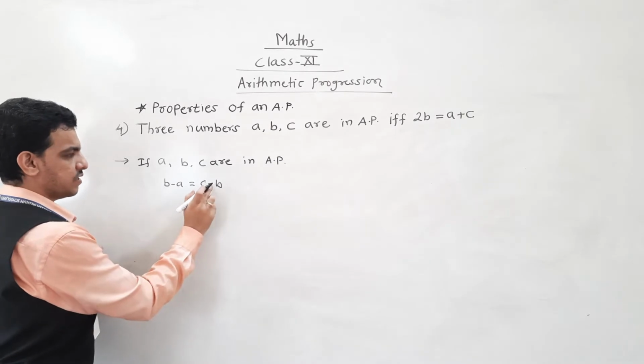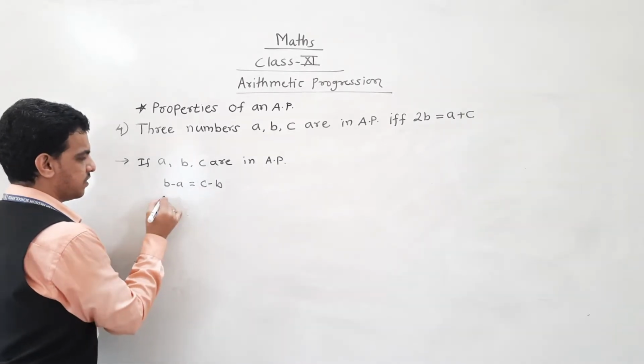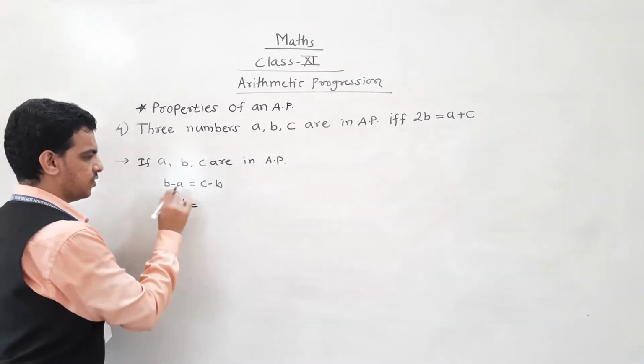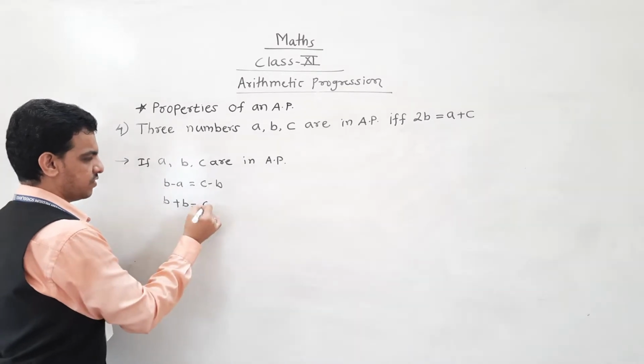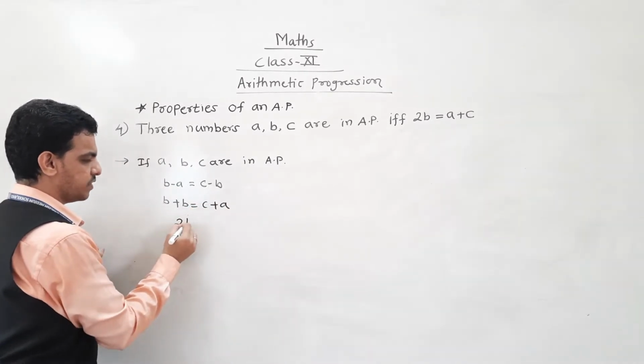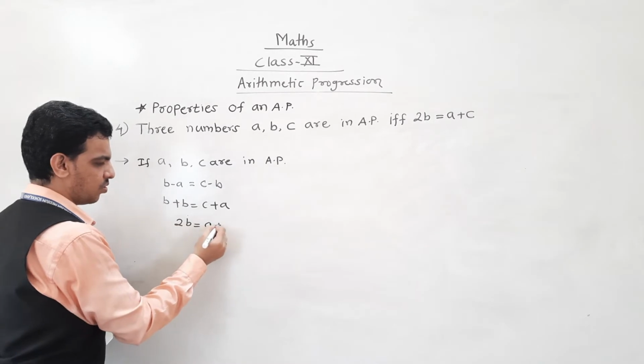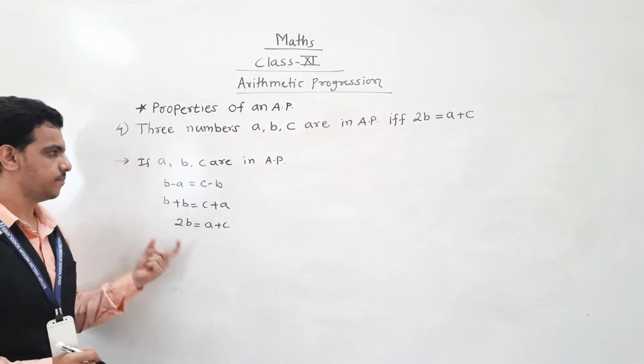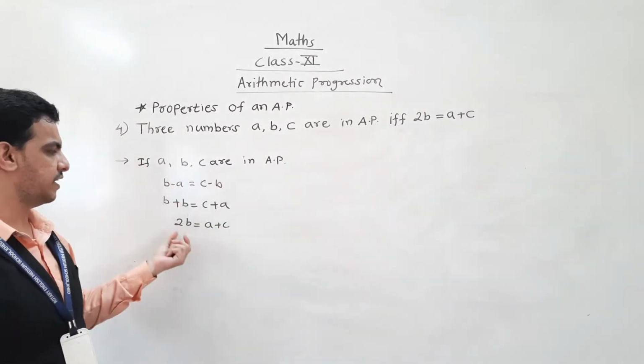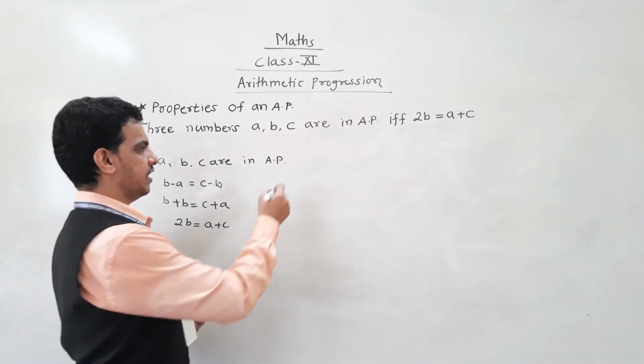From this, if we shift minus b here, b plus b is equal to c plus a, that is 2b is equal to a plus c.